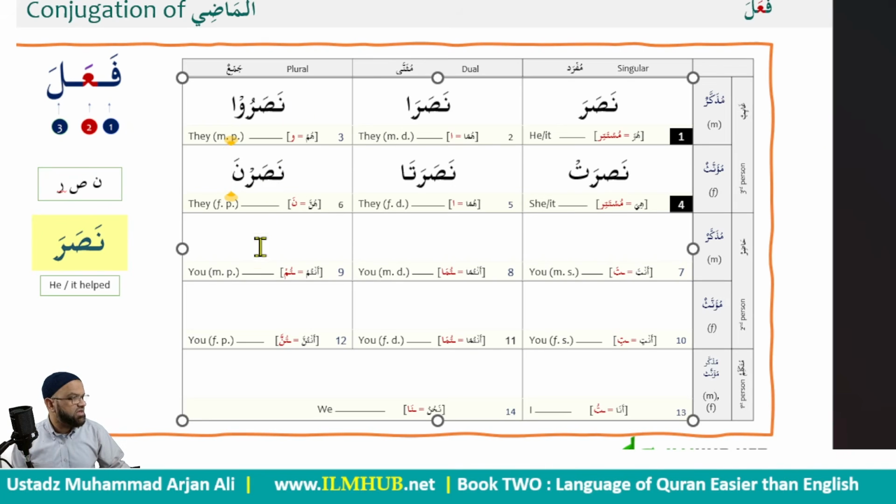Now we want to do the second person. So anta will be nasar, ta. Remember, the third root letter from now on is sukun. And then we have na, sar, tu, ma. And then we have na, sar, tum.